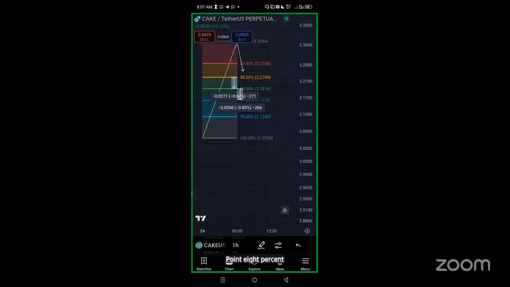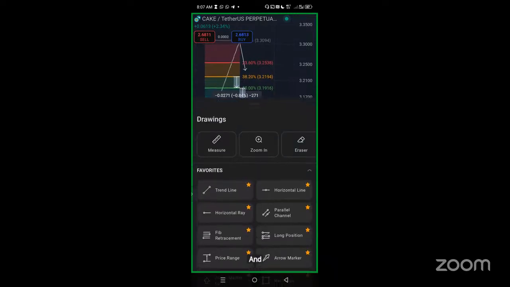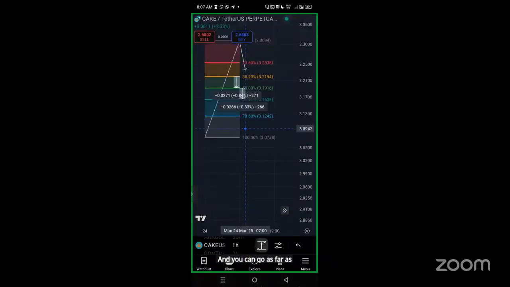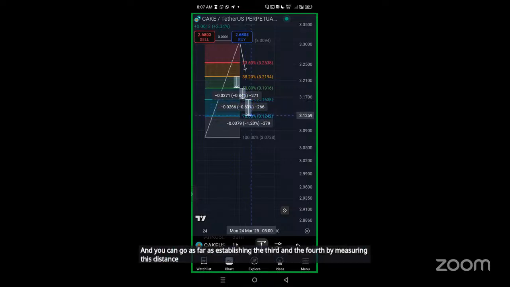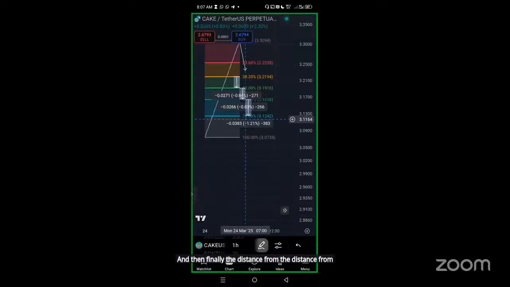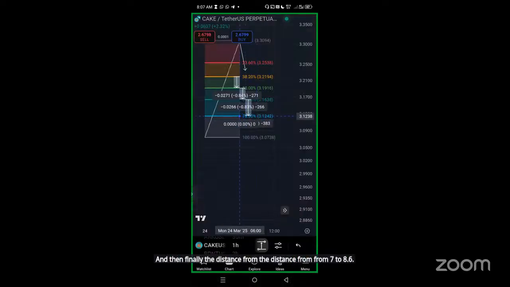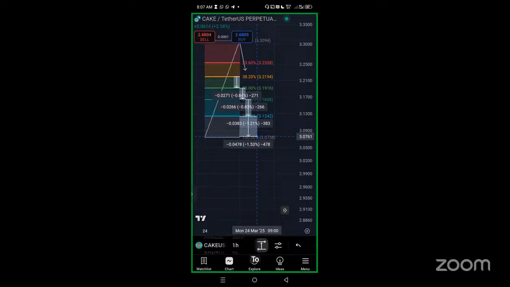The percentage you get there would be the margin call drop for the second call. And you can go as far as establishing the third and the fourth by measuring this distance to the 78.6, and then finally the distance from 78.6 to 100%, that latter part.